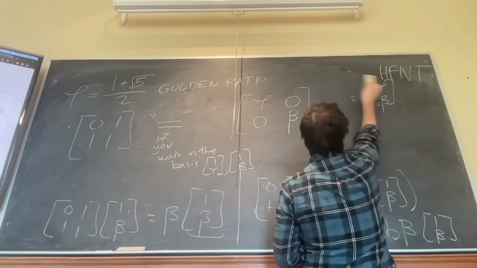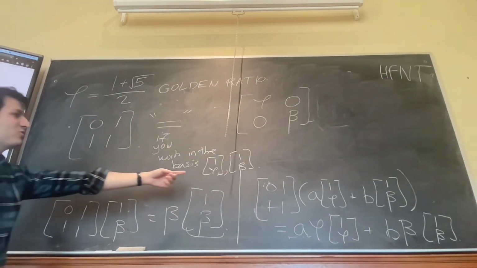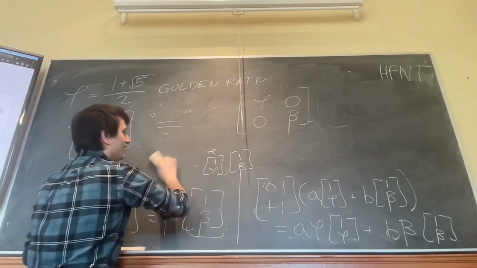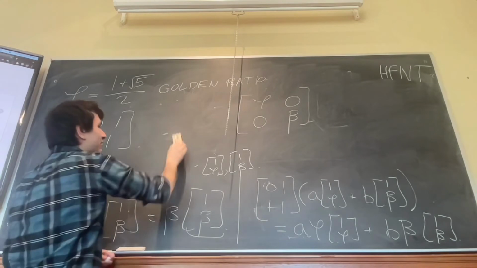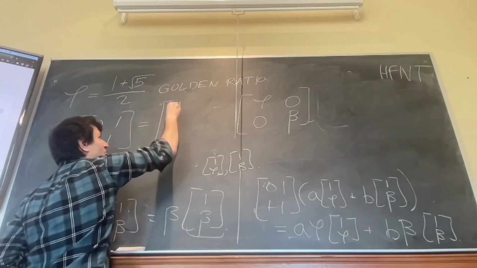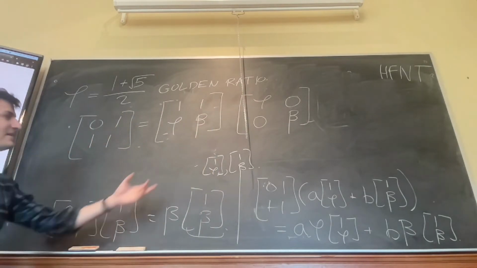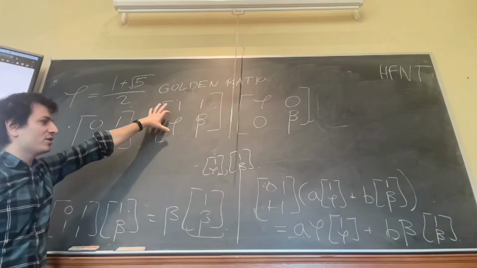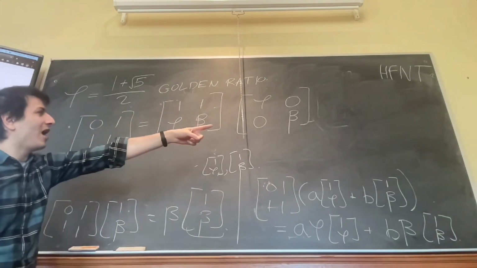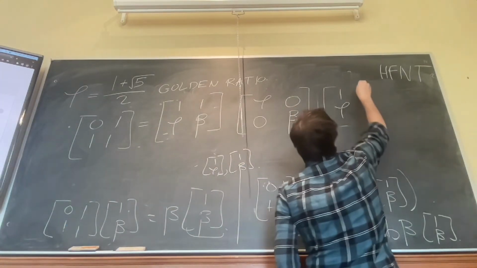And how do you do a change of basis? Well, one way to do it is to just make a matrix out of the eigenvectors. So I'm going to get rid of the equals in quotes and this idea of working in the basis. I'm going to make an actual equal sign. And the actual equal sign goes like this. You take the vectors (1, phi), (1, beta) and put them here. What this is saying is, take the output of this and make it a linear combination of (1, phi) and (1, beta), just like we have here. And then I've got to do the opposite conversion over here, so I put in the inverse of (1, phi), (1, beta).